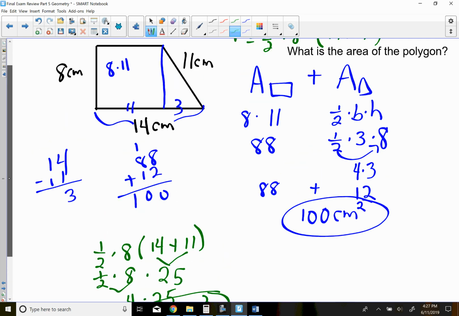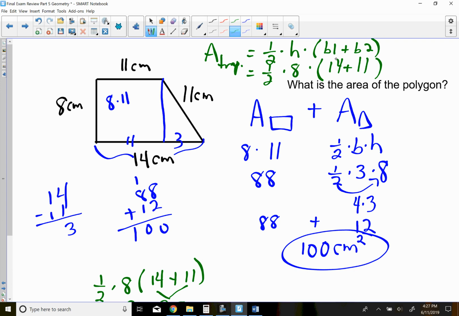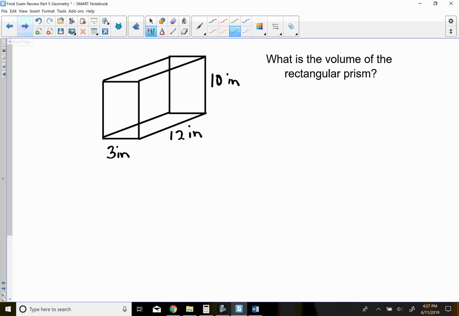So for this guy, if you recognize the trapezoid and you are for sure 100% know that formula, easy to do. If not, if you don't recognize the trapezoid or you're not quite sure if you have the formula right, break it down into the rectangle and triangle that makes those shapes. All right, now we're going to go into the 3D dimensions of things, and this one is a rectangular prism.